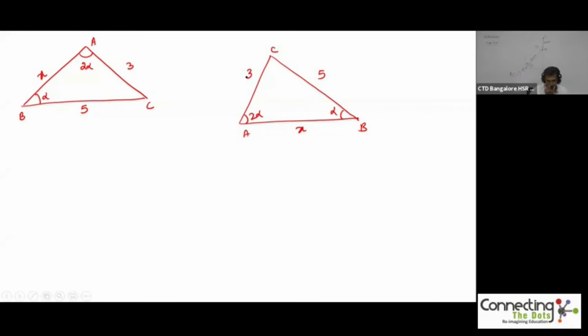The reason I did that is so that if I draw a vertical like this, you can see that x is equal to 3 cos 2 alpha plus 5 cos alpha.